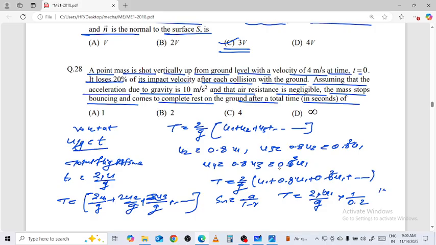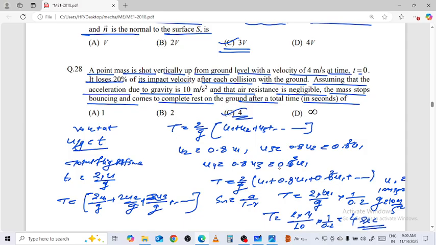Initially 10 meter per second square, g is equal to 10 meter per second square. Say t is equal to 2 times of 4 by 10 into 0.2. So the total value is 4 second. 4 second is your right option.